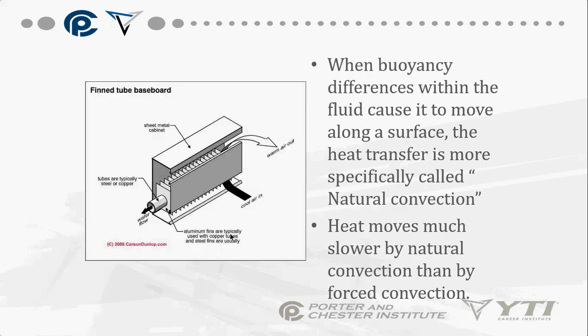Okay, so this is basically how a baseboard works. We know through the laws of thermodynamics that cold air will drop, warm air will rise, correct? So as that happens on a baseboard, that cold air will literally be drawn into the bottom of the baseboard, where that air will make contact with those aluminum fins that are all nice and warm, which will now change the density of my air, and that air will now begin to rise.